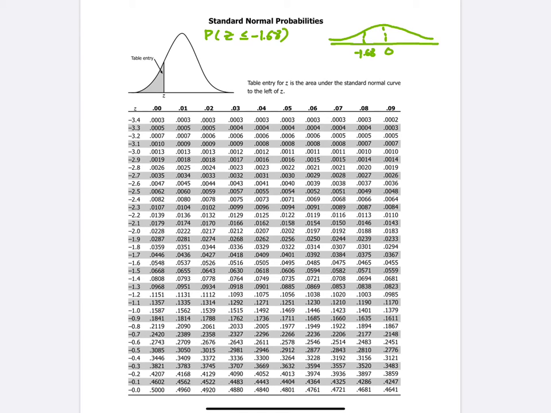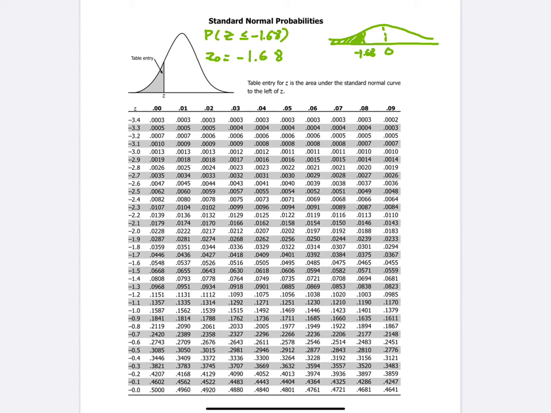So we're interested in the shaded area. Right? Now here's how you use the table. First off, z sub 0 is negative 1.68.